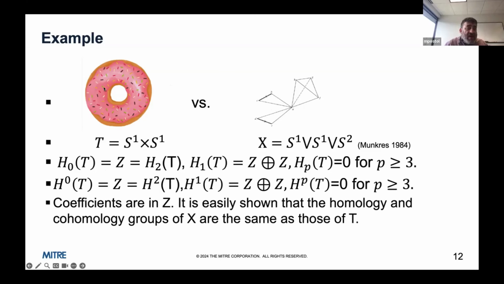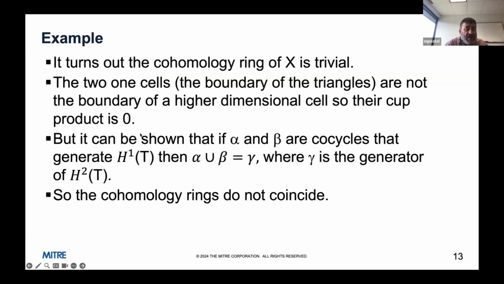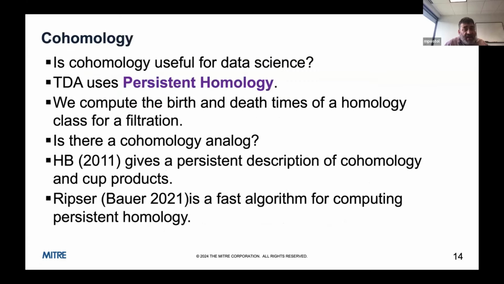Whereas in the torus, you have 2 one-cycles going around the circle the long way or going around the short way, and their product is going to be the 2-dimensional cohomology class of the donut, the non-zero one. So the cohomology rings don't coincide, and so these are actually different.